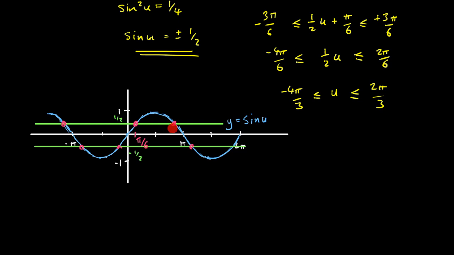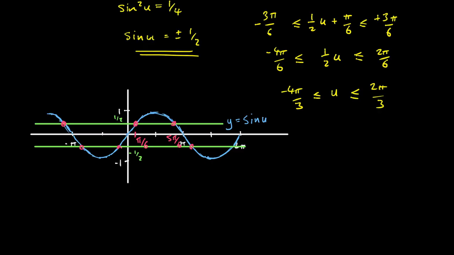By symmetry, we can find out that this solution here will be 5 pi by 6. Why is that? Well, because the sine graph is symmetrical about this line here, pi by 2. And what that means is that this point here at 0 and pi are symmetrical.